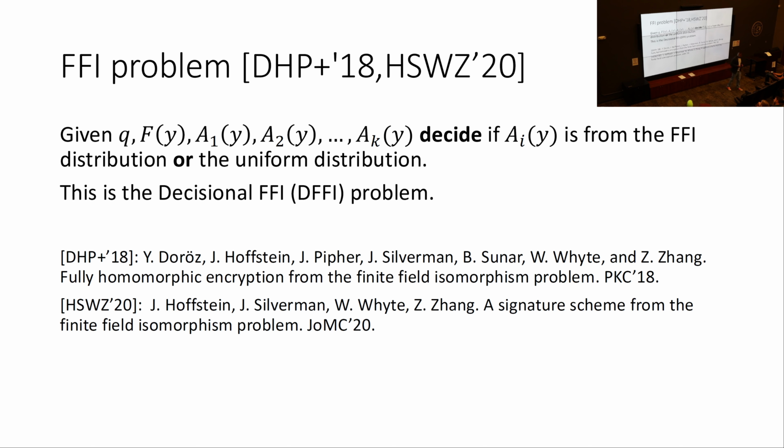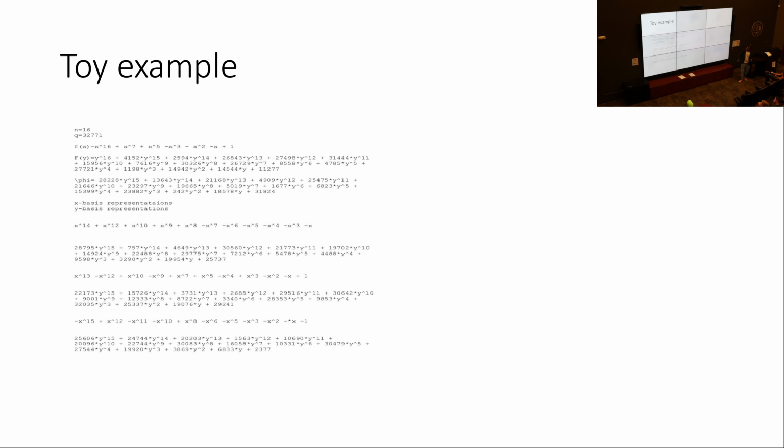Okay. So this problem was initially introduced at PKC 18 to build some kind of FHE scheme, and then also some signature scheme was proposed using a similar kind of assumption. Okay, let's see a toy example. For simplicity, n is 16 here, and your q is 32771.